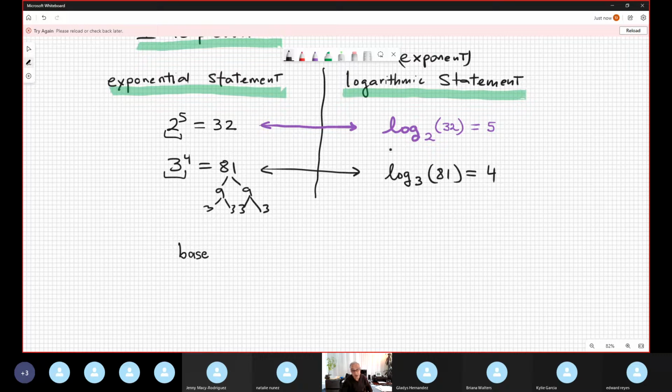In general, the base is raised to an exponent, and this gives me a number I want to call the result. This is the naming I use to understand the exponential.